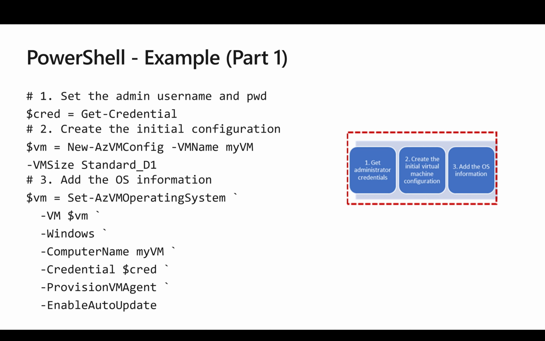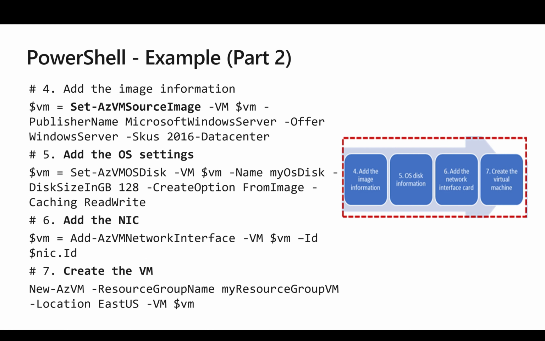So if you look at the step by step instruction which is provided, the first command normally gets the username and password from the user as an interactive input, and the second step creates a new virtual machine configuration with VM size, and the third step helps in setting up the OS information, and the fourth step is setting up the particular OS image.